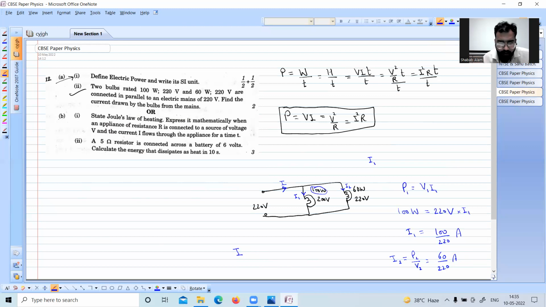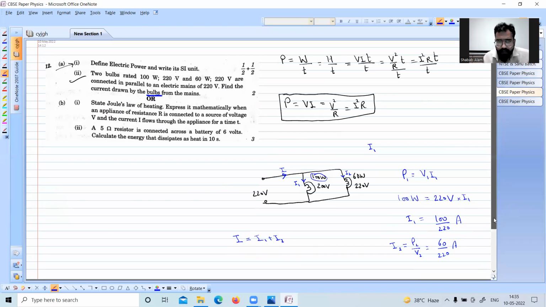So total current drawn from the mains is I equal to I1 plus I2, because you can see, find the current drawn by the bulbs. It means it is talking about the total current drawn from the mains by these two bulbs. So I will be I1 plus I2.